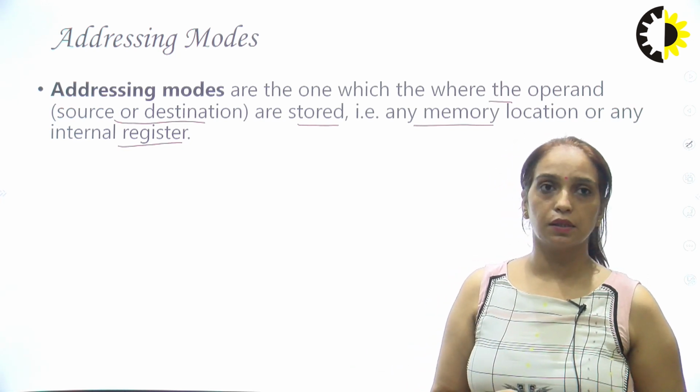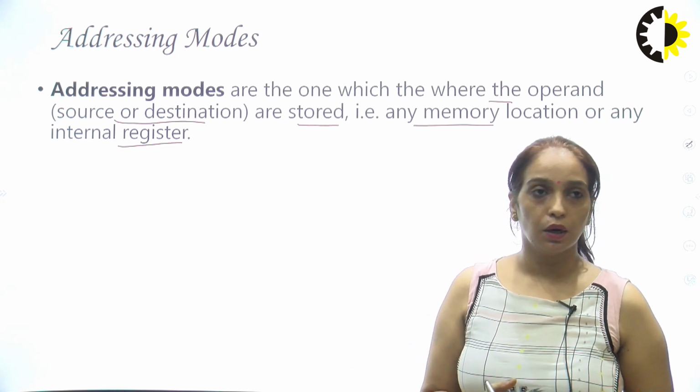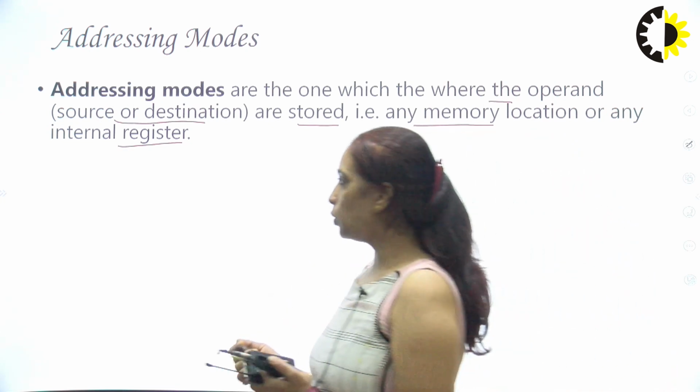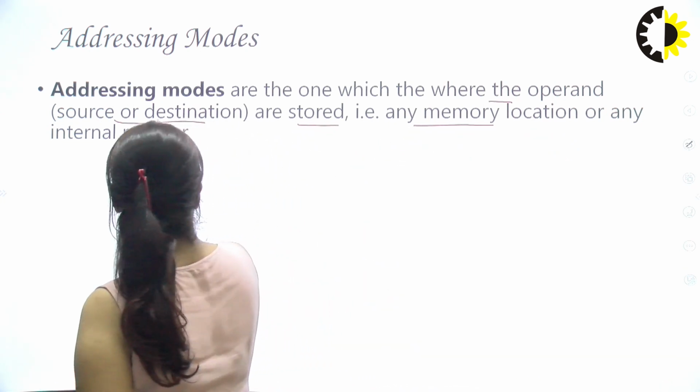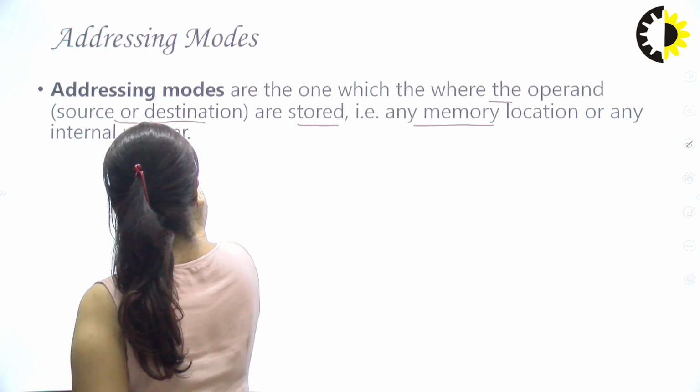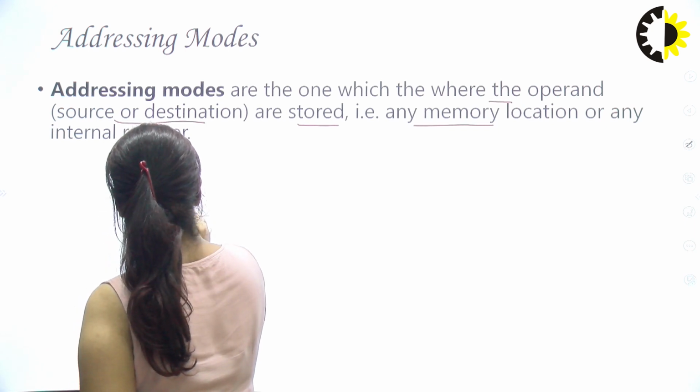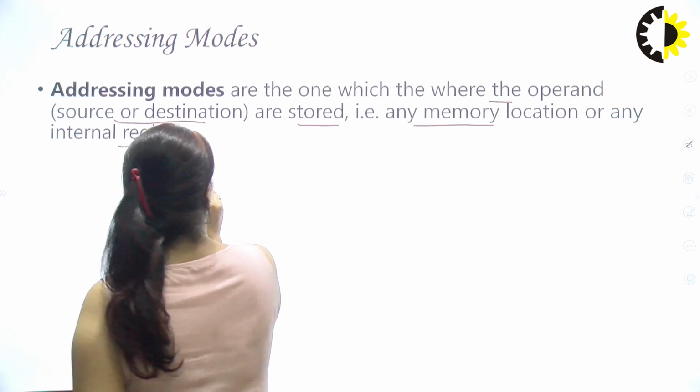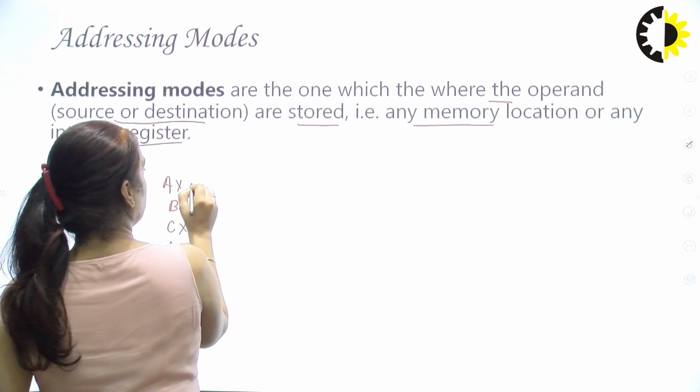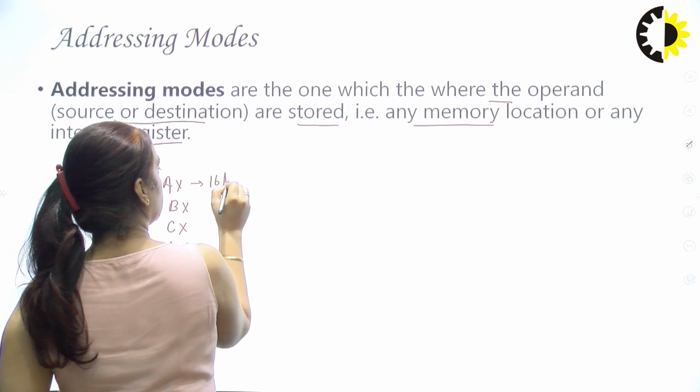And we know that in the 8086 we have 16-bit registers, which we can also use to store 8-bit data. Those 16-bit registers are the AX, BX, CX and DX registers, which are used to store 16-bit data.